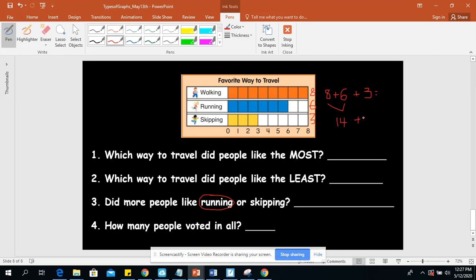And 14 plus 3 equals 17. So 17 people voted in all. We can double check our answer by counting the squares in the bar that are colored in. 1, 2, 3, 4, 5, 6, 7, 8, 9, 10, 11, 12, 13, 14, 15, 16, 17. 17 people voted in all.